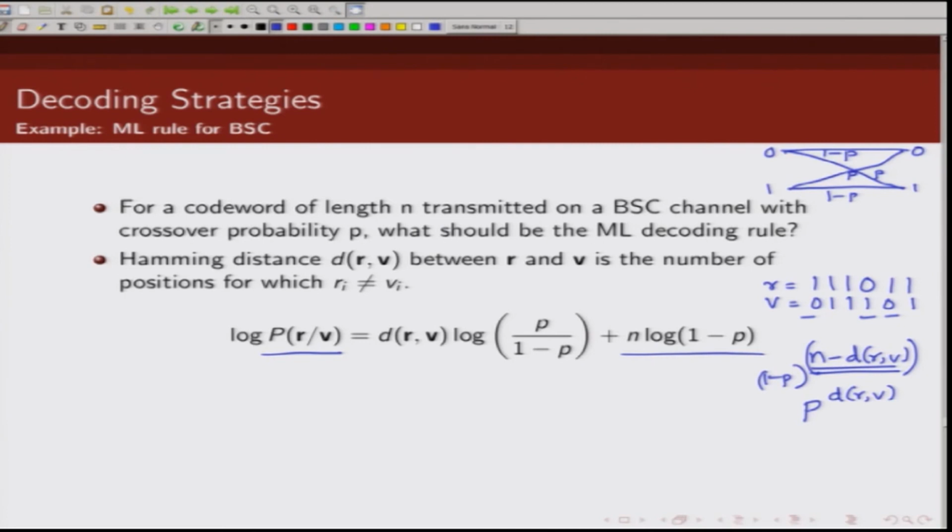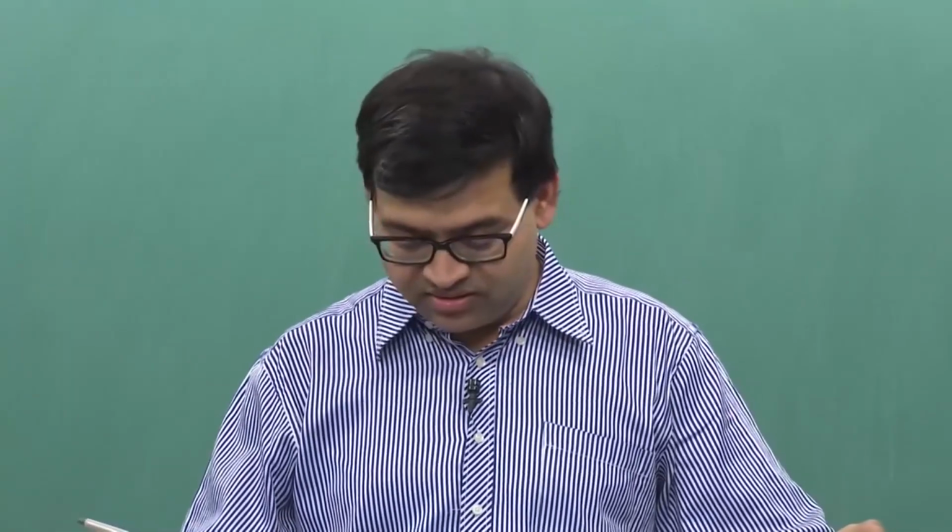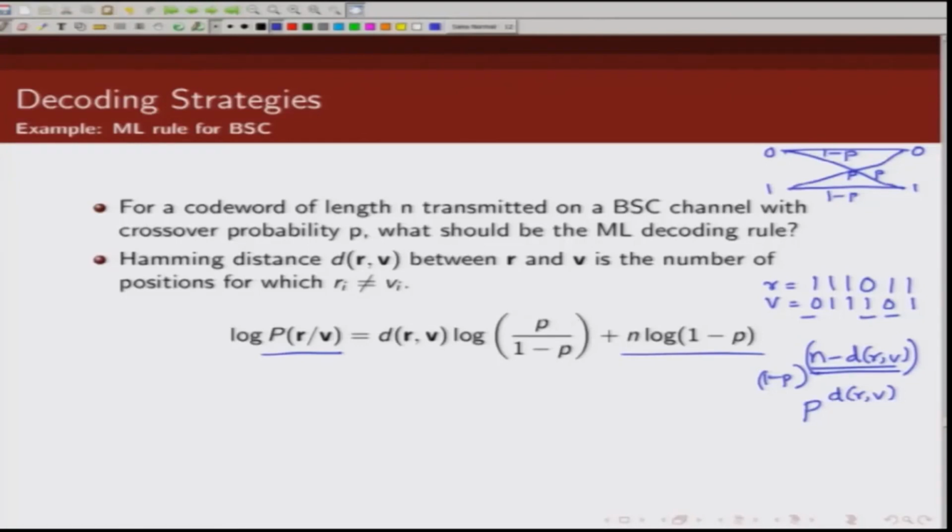Now, look at this term closely. Typically, the crossover probability will be smaller than half. If that happens, what happens to this ratio p by 1 minus p? This will be some ratio between 0 and 1. And what happens to log of a number which is between 0 and 1?